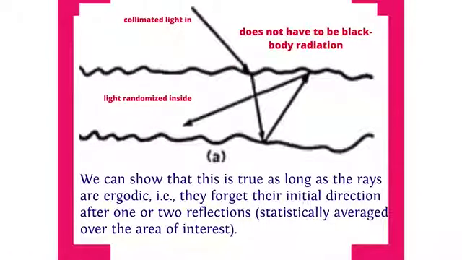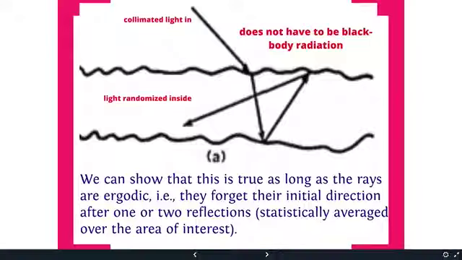Now, this is the idea of the ergodic behavior again. Let's imagine collimated light coming in from the top. Collimated means one direction. Once it enters this medium, you can see it's a little bit random on the top and bottom. It gets randomized. So it refracts in from the first interface here.